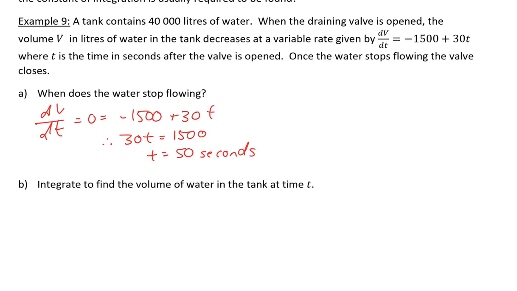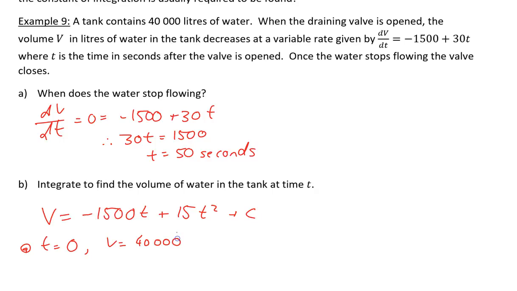Now I want to find the volume of the water in the tank, V. Well, my volume is going to be the integral of this, which is negative 1500t plus 15t squared plus a constant. Well, I know that at t equals 0, V equals 40,000. The tank contains 40,000 litres of water, and t is the time after the valve is open. So we know those things.